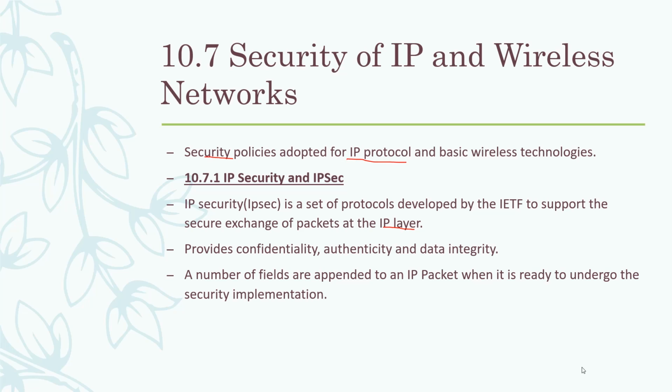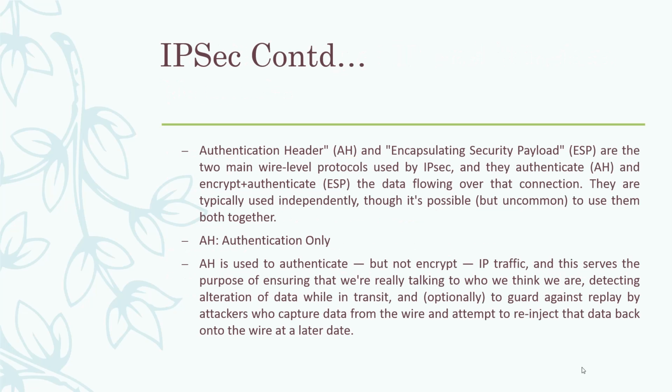This IPsec provides confidentiality, authentication and data integrity. A number of fields are appended to an IP packet when it is ready to undergo the security implementation. Authentication header AH and encapsulating security payload called ESP are the two main wire level protocols used by IPsec.